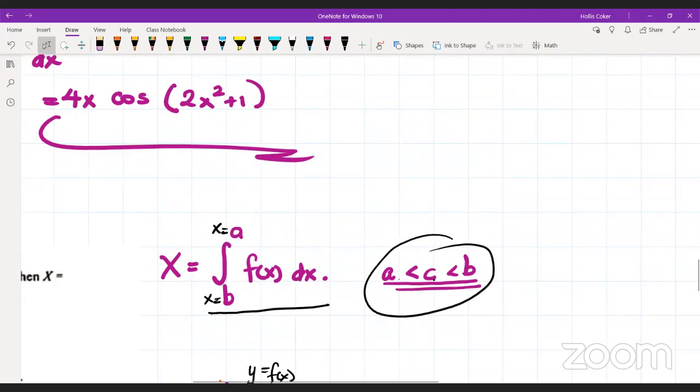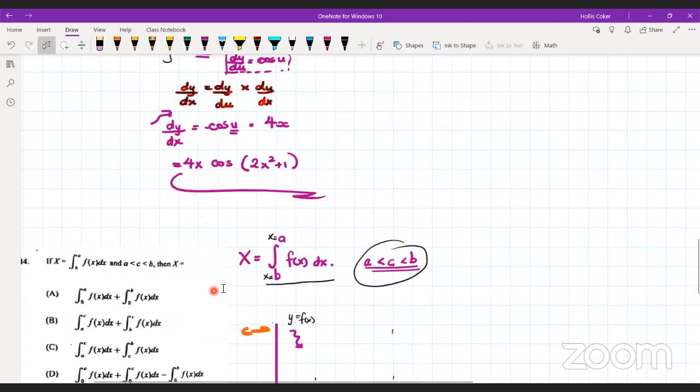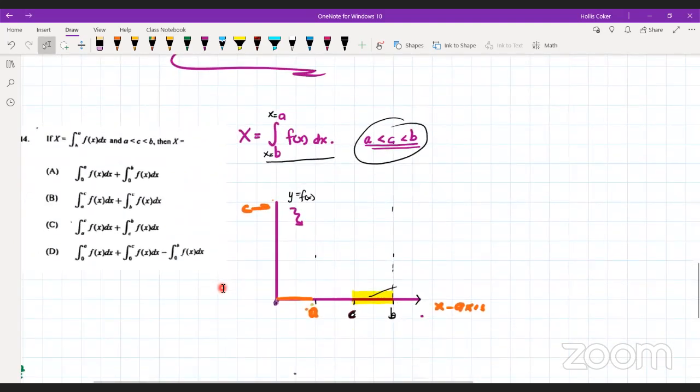Let me zoom out. Right, so they want me to find this. Now, normally we don't like the lower number here. This number must be a smaller number, not the bigger number. But the question is telling me here that B is actually bigger than A.